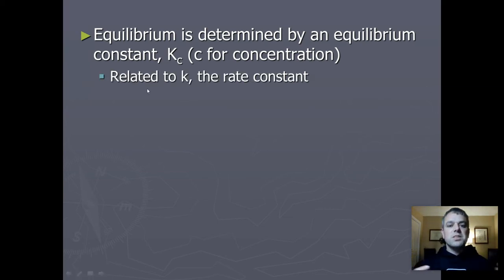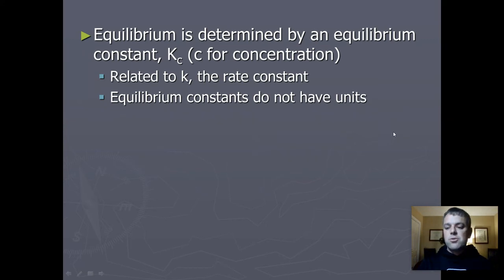This is related to the rate constant because, in some way, the equilibrium constant is kind of like the rate constant of the reverse reaction divided by the rate constant of the forward reaction, but it's not exactly that. But just like your rate constant, the equilibrium constant is temperature dependent.